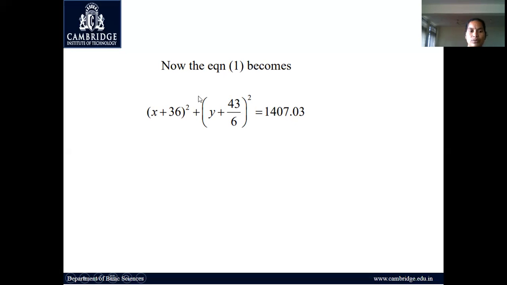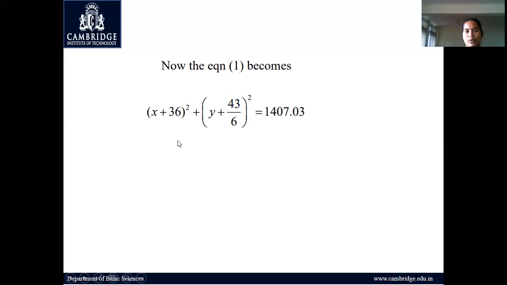Now we have to simplify this with the help of the formula (a plus b) whole square. As you know, a square, that is x square plus 36 square plus 2 into x into 36, and similarly here we identify (a plus b) whole square, that is y square plus 43 by 6 whole square plus 2 times y into 43 by 6, which is equal to 1407.03.